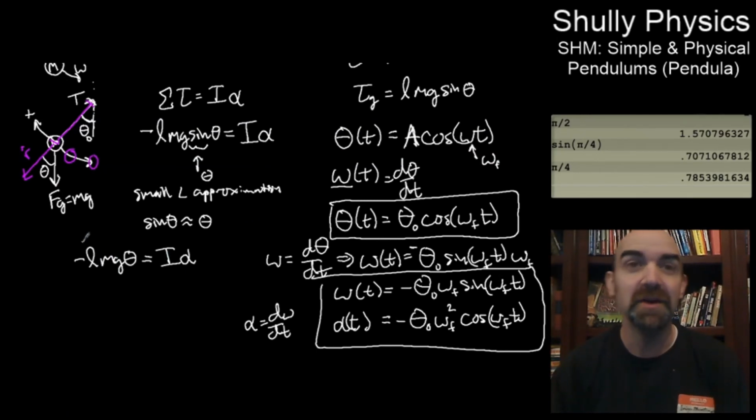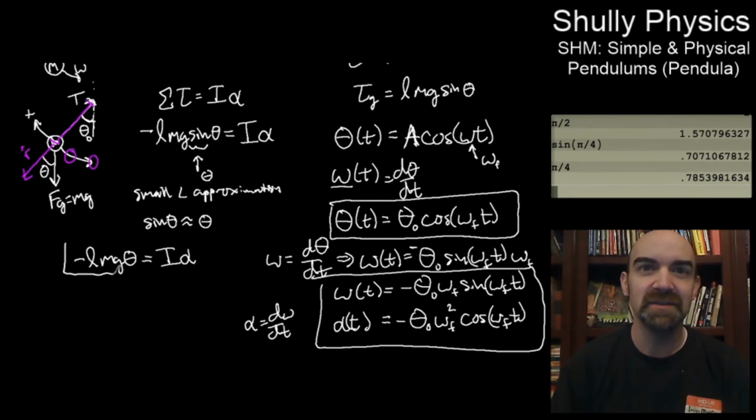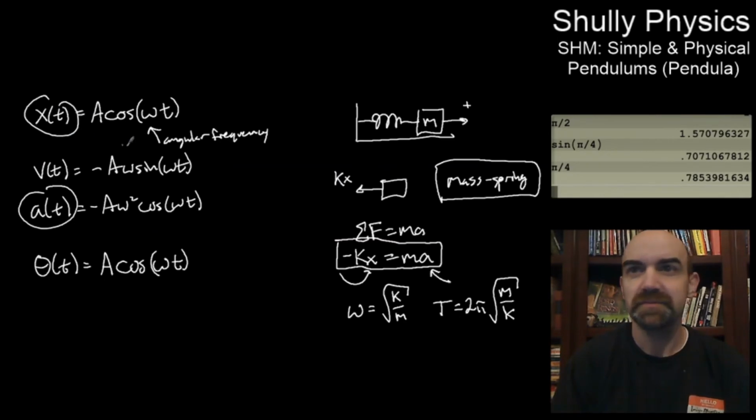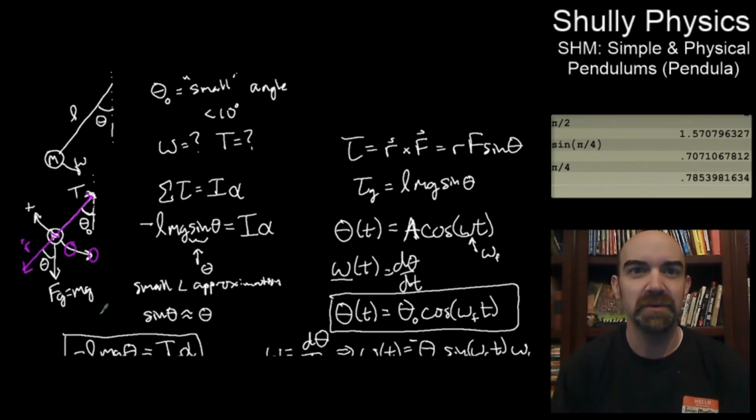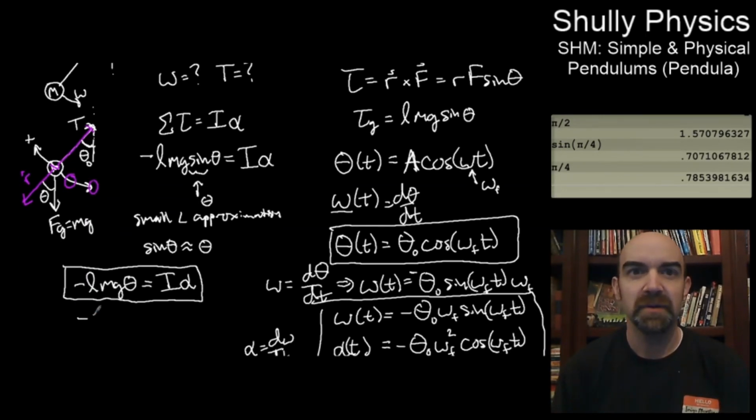But now, the beautiful, wonderful thing is this expression now more resembles negative kx equals ma. If we look at those two expressions side by side, you've got an angular acceleration that corresponds to a translational acceleration.